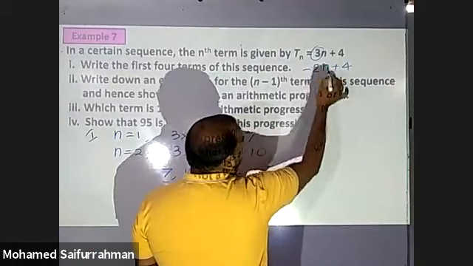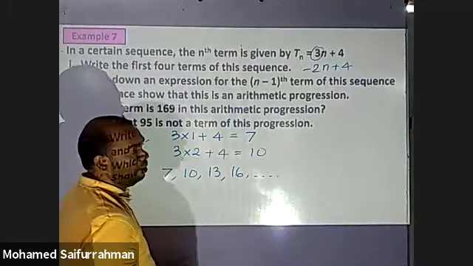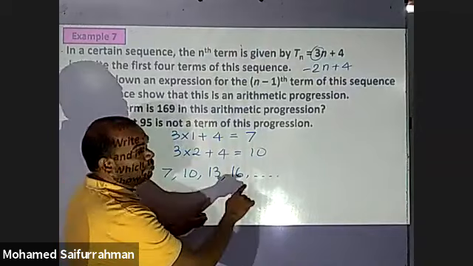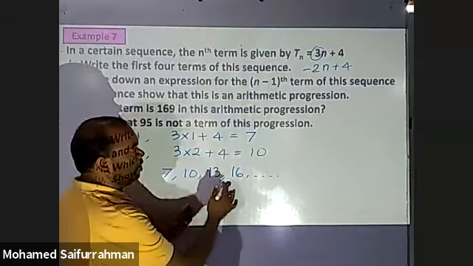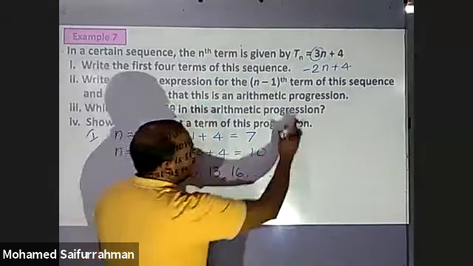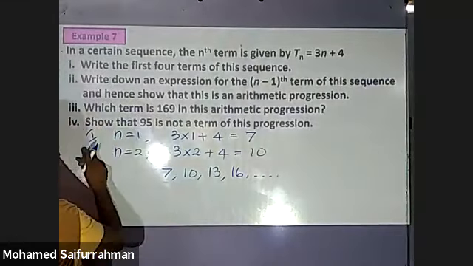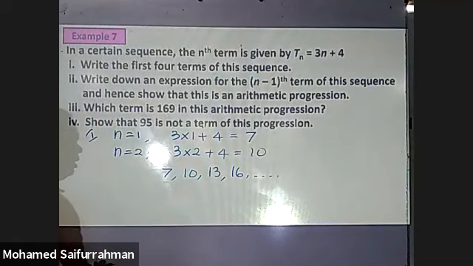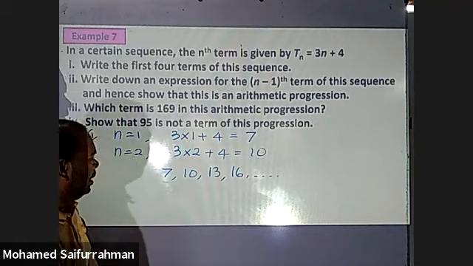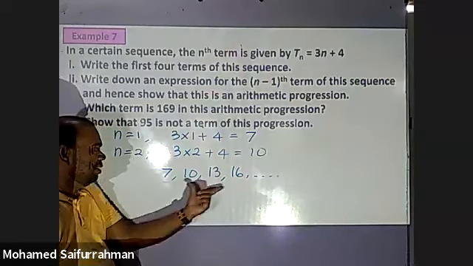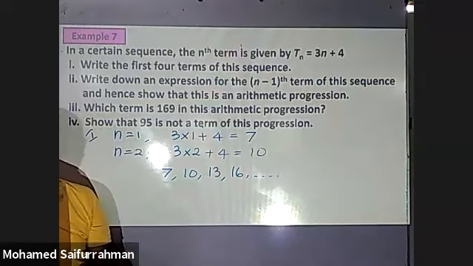Minus 2n means the progression decreases by 2. So here it increases by 3. The answer for the first part is 7, 10, 13, 16. You can verify your answers with the correct answers.